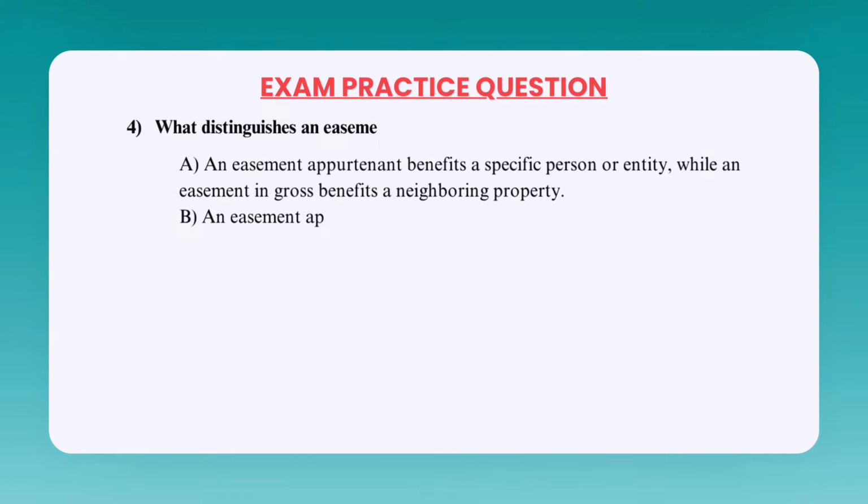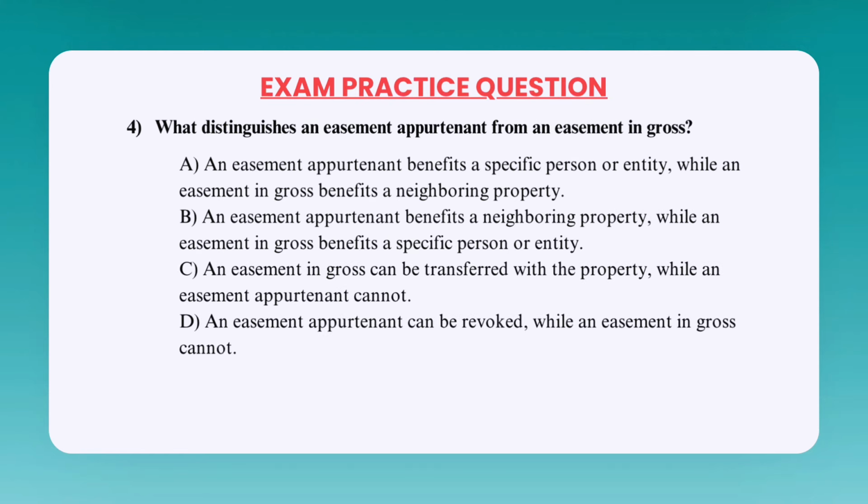Number 4. What distinguishes an easement appurtenant from an easement in gross? Is it A, an easement appurtenant benefits a specific person or entity, while an easement in gross benefits a neighboring property? B, an easement appurtenant benefits a neighboring property, while an easement in gross benefits a specific person or entity?